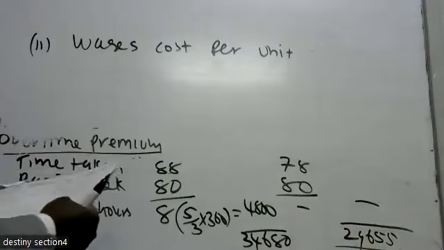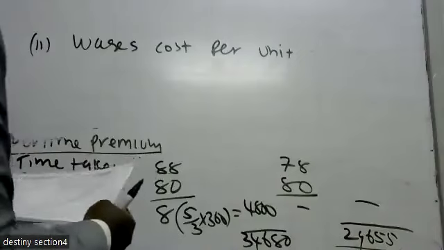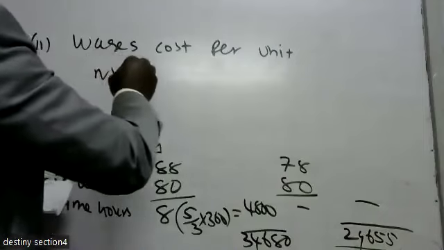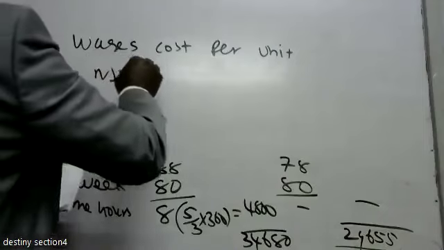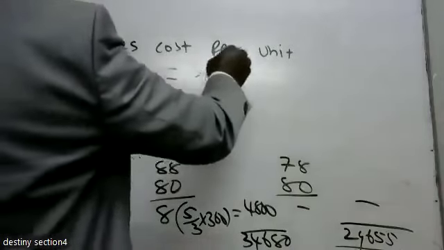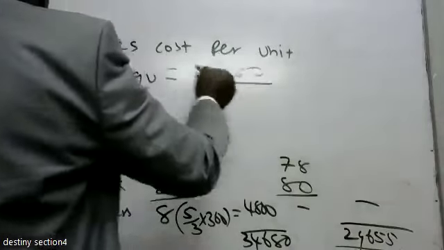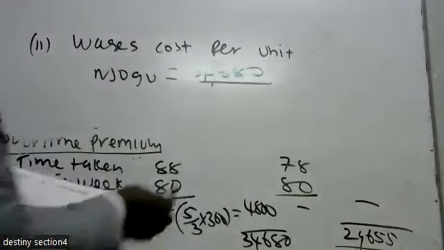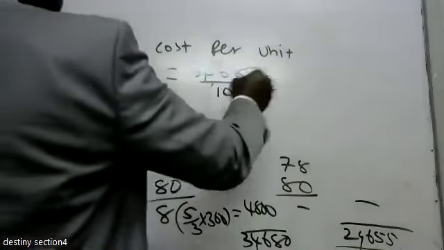So we start off with the one for Joe, where you take 34,680 and divide by how many units? The 100 units. Remember that?